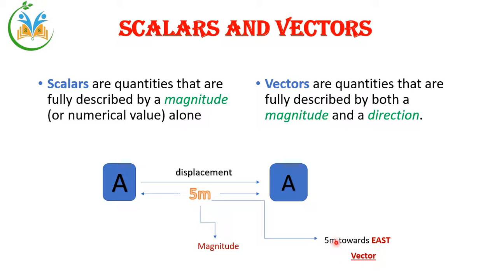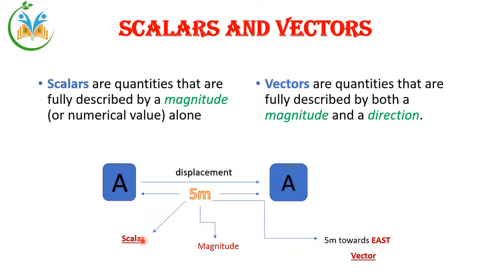There 5 meter is a magnitude. Along with the magnitude there is a direction. East, what is this? East is the direction, no? So in vector, as per description, vectors are the quantities that are fully described by both a magnitude and a direction. So it is called a vector quantity. And this 5 is the magnitude, so you can say this is a scalar quantity.